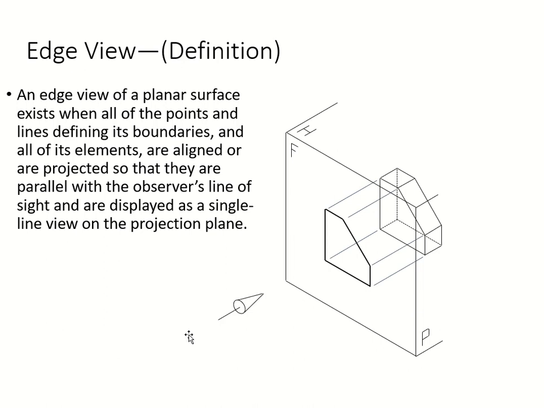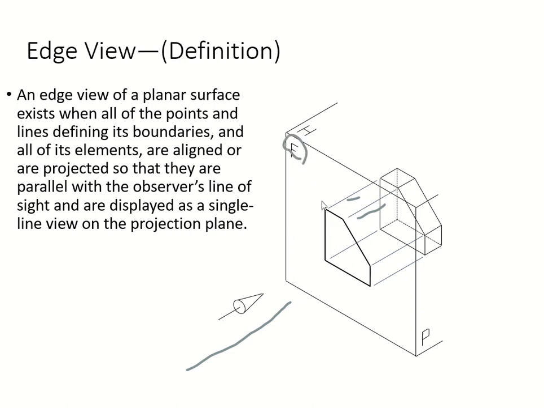Again, I'm gonna draw this so you can see it. So this is your line of sight. Here are your lines, and these lines are actually defining this boundary of your front. In this case, I'm going to circle your front view.